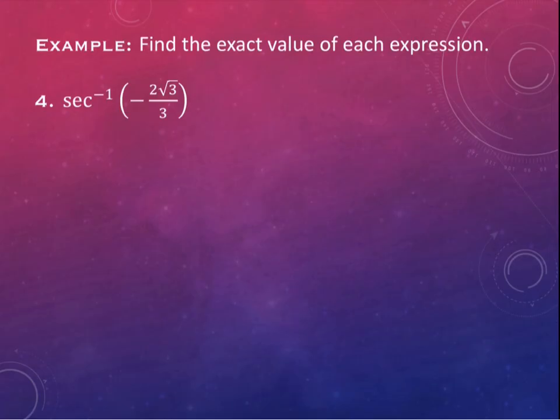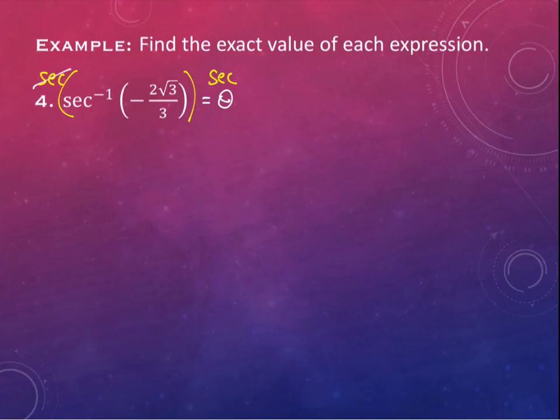I've got 2 square root of 3 over 3, and there is nothing on the unit circle that says 2 square root of 3 over 3. I'm going to have to work for this one a little bit more, agreed? So let's first rewrite it, and second, figure out which quadrant we're in. If we rewrite it, this is equal to theta, and we're going to take the secant of both sides.